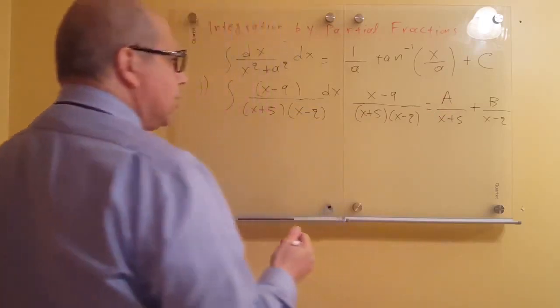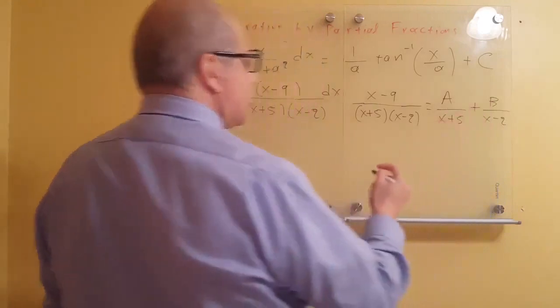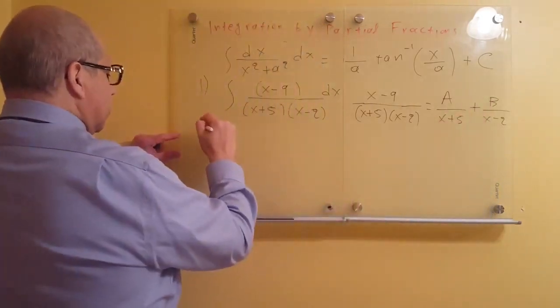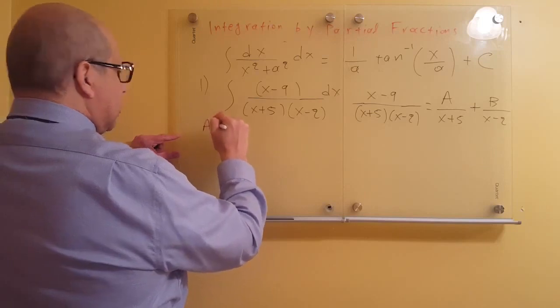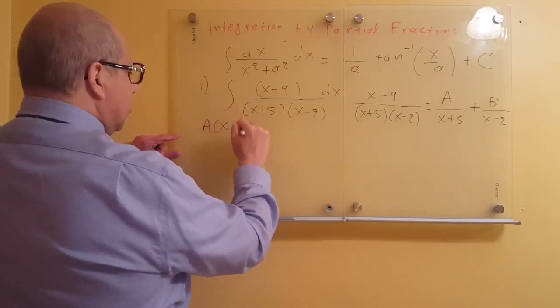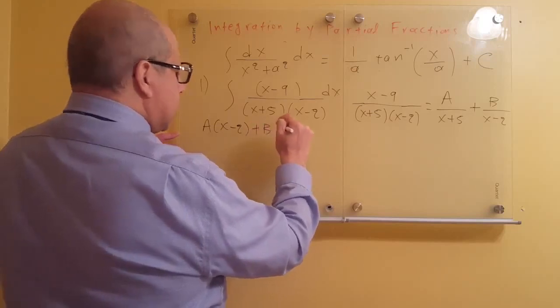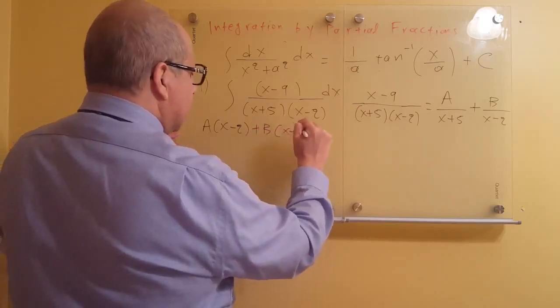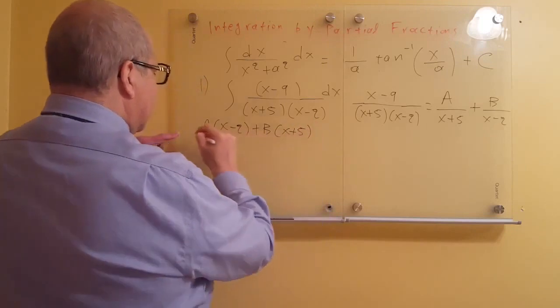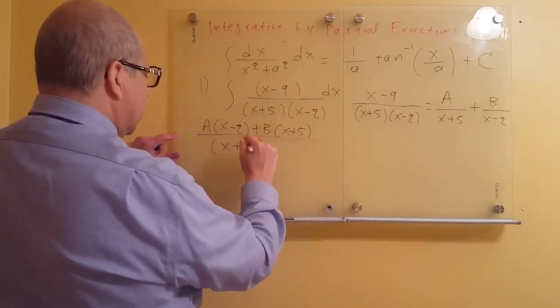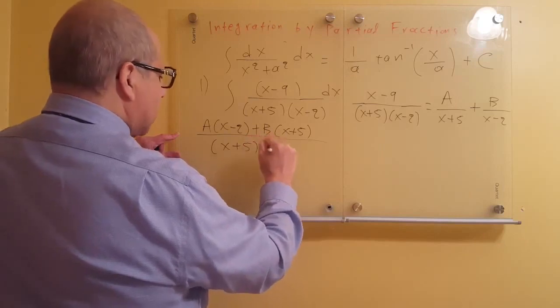That's not a big deal. We just cross multiply, so we get the same denominator. That should be a times x minus 2 plus b times x plus 5, over x plus 5 times x minus 2.